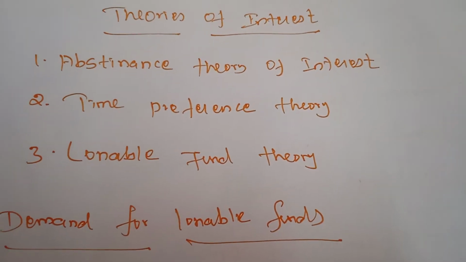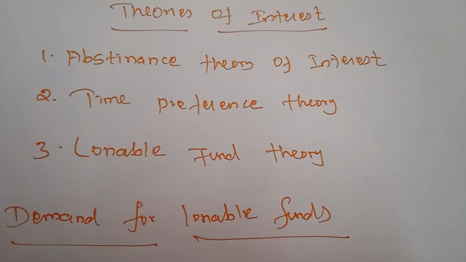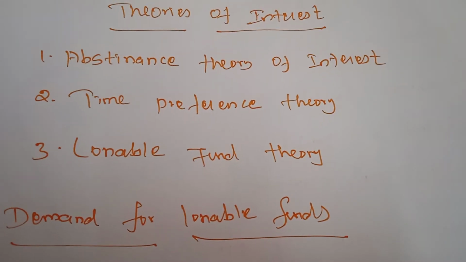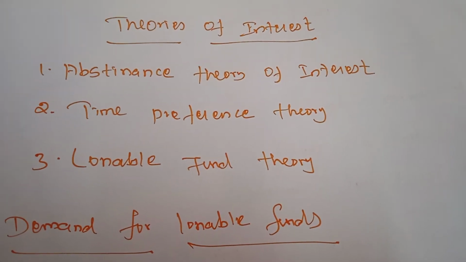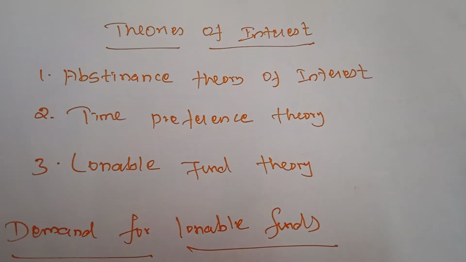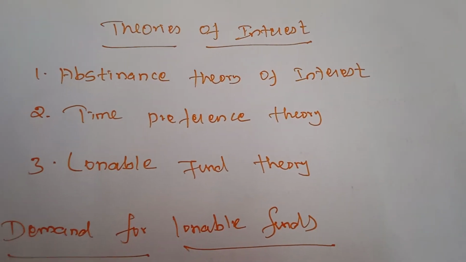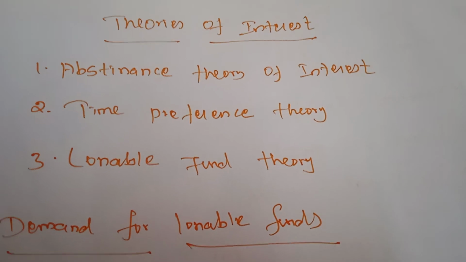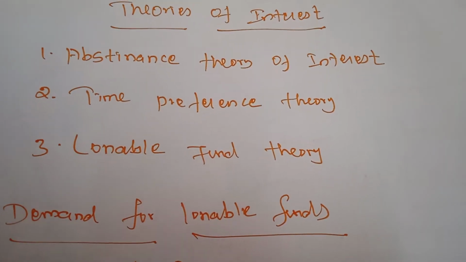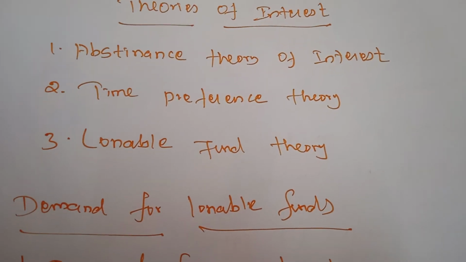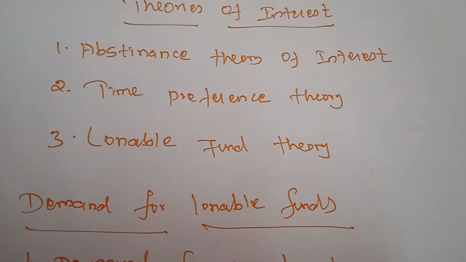Those who are ready to sacrifice more consumption and save more will be able to get more capital, and the entrepreneur or other persons are able to take it as capital.